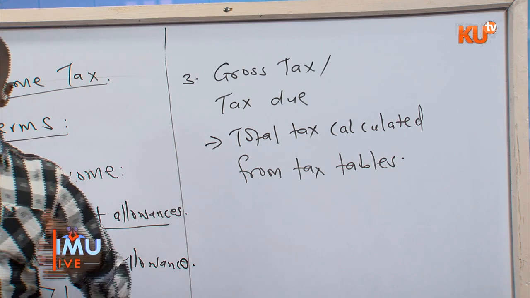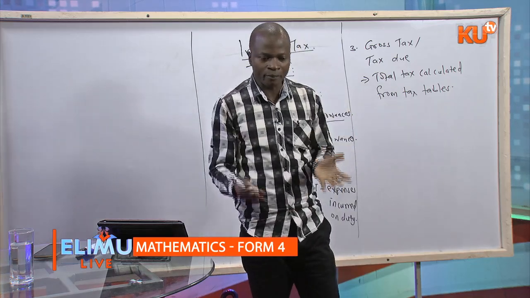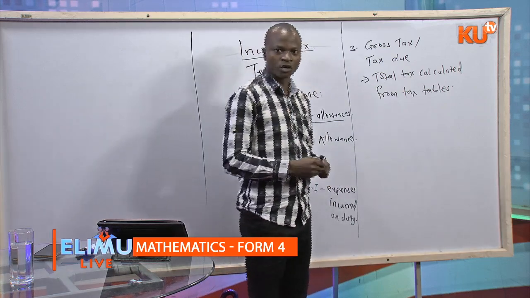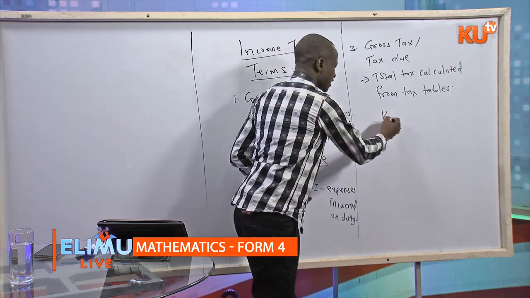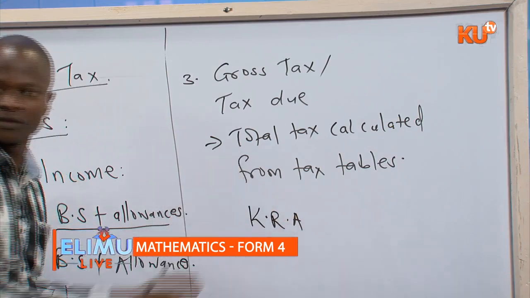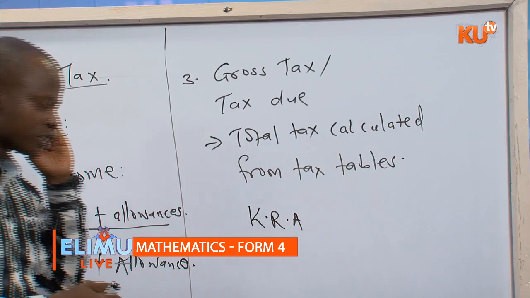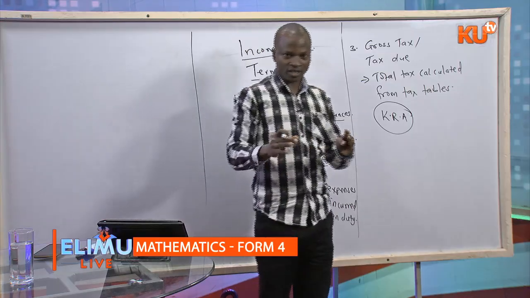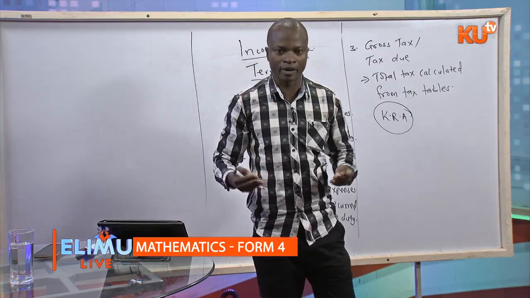In Kenya, the income tax that employees pay is regulated by the government through the Kenya Revenue Authority. You've heard of KRA. This body gives regulations on how people should pay income tax.